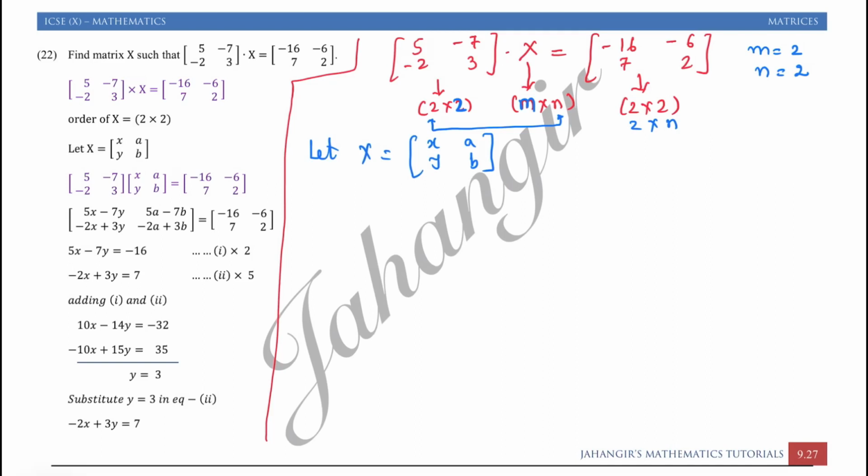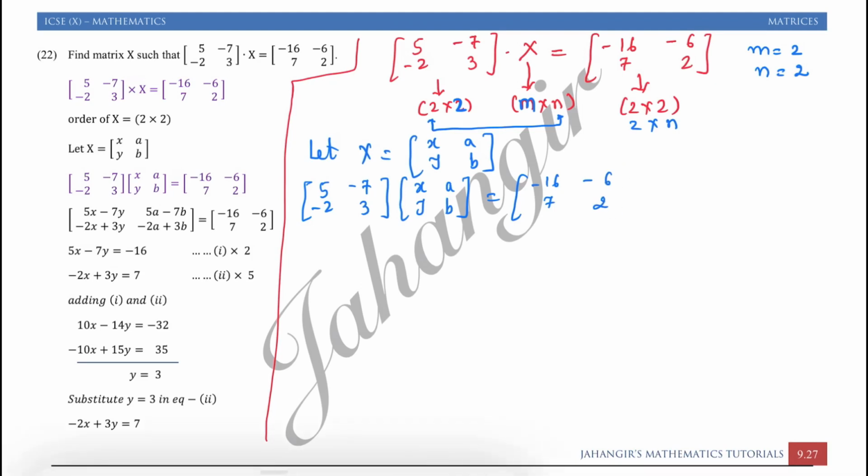I will write x, y in the form of a column because the second matrix we are multiplying is in the form of columns and the first matrix is in rows. So [5 minus 7; minus 2 3] into [x a; y b] is equal to [minus 16 7; minus 6 2].